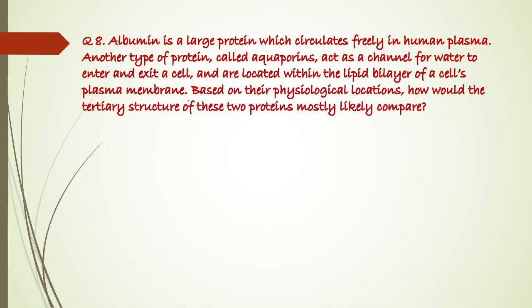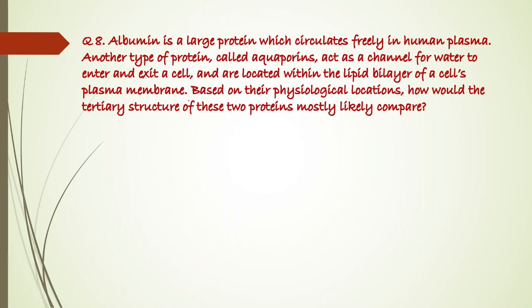This is your next question. This is a very interesting one. I want all of you to answer this. It states, albumin is a large protein which circulates freely in human plasma. Another type of protein is aquaporins, which act as a channel for water to enter and exit a cell and are located within the lipid bilayer of a cell's plasma membrane.